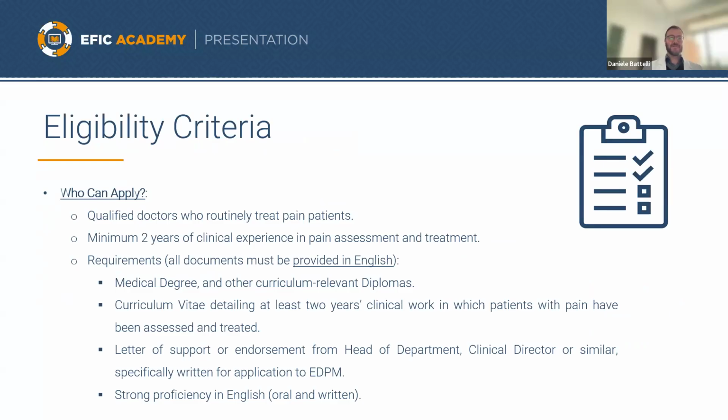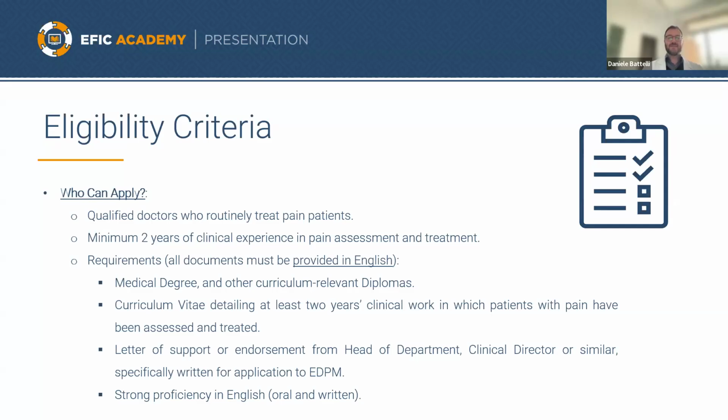Regarding eligibility criteria, so who can apply for the EDPM diploma? What you need to know is that our diploma is open to all qualified doctors who routinely treat pain patients. We require a minimum of 2 years of personal clinical experience in multidisciplinary pain assessments and treatments.